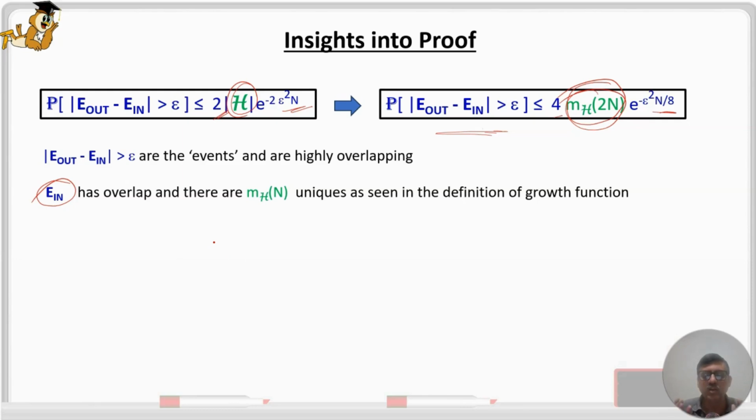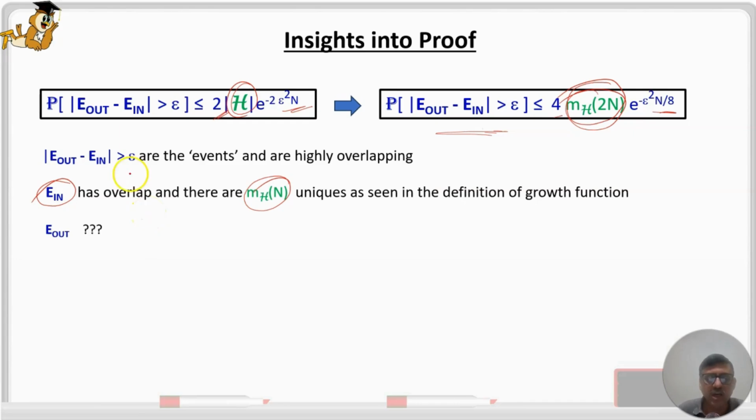In other words, you can choose a number of hypotheses and all of them would give the same E in. We saw that earlier. The number of unique E ins that you would get for n points is defined by the growth function m_H of n, which counts the dichotomies. You can roll back to a previous lecture and see this.